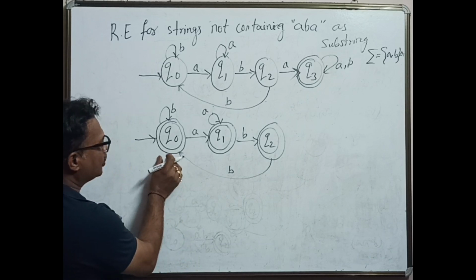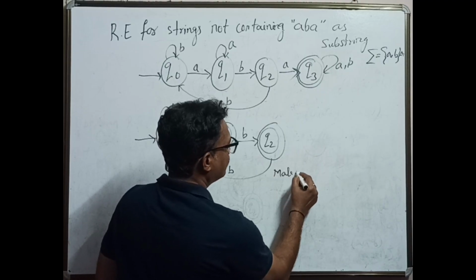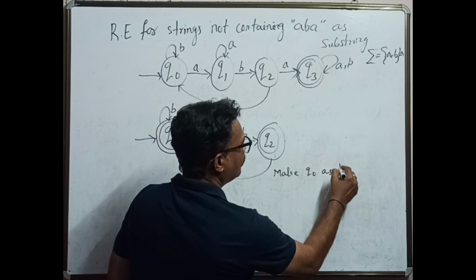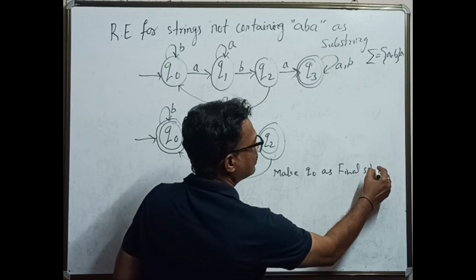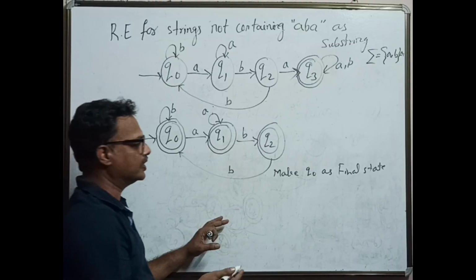Now let us make Q0 the final state, and all other states we have to make normal states.